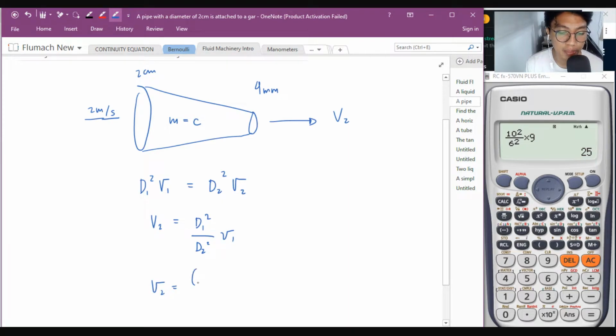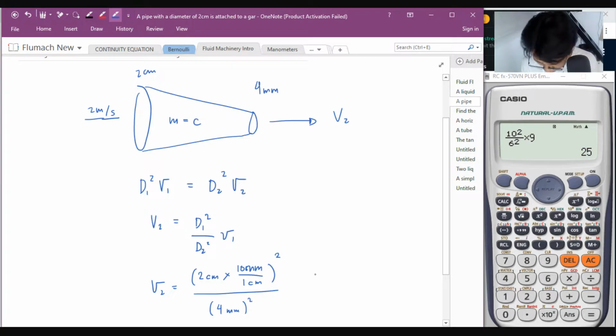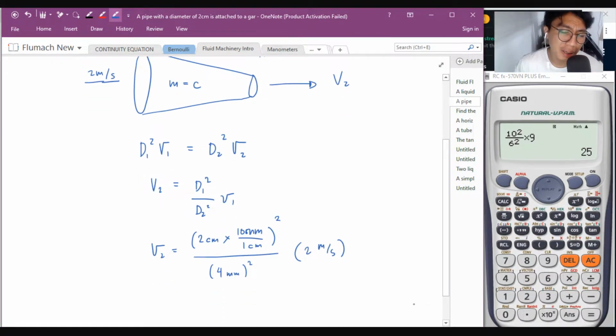Gawin na natin siyang millimeter. 2 cm times there are 10 mm per 1 cm. Tapos, squared natin. Divided by 4 mm squared. Multiply mo to velocity which is 2 meter in every second. Now, calculate.